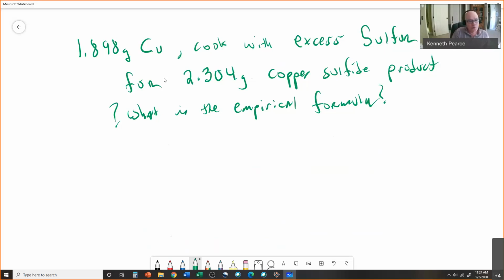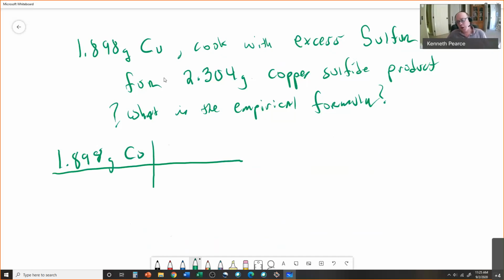Well, we can go ahead and say I have 1.898 grams of copper, and I can get the moles from that, okay? Because we're doing empirical formulas. Remember, we get the moles, and then we divide by the least number of moles. The molar mass of copper is 63.5, so it's 63.5 grams of copper for every mole of copper.